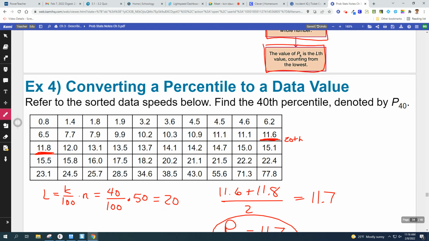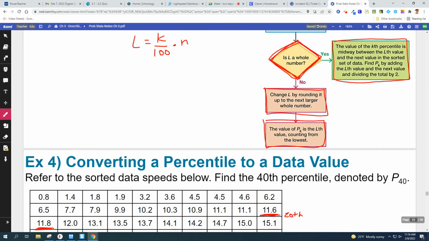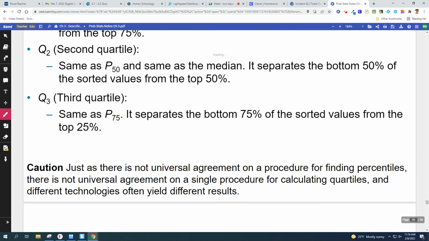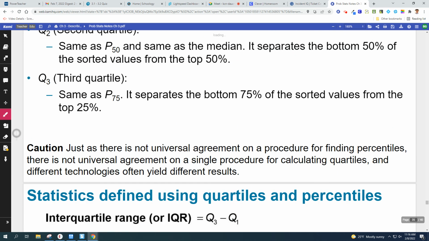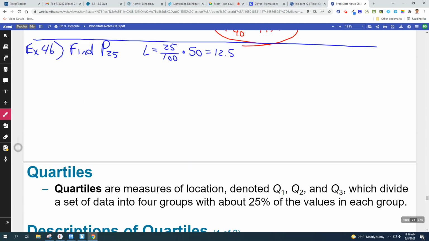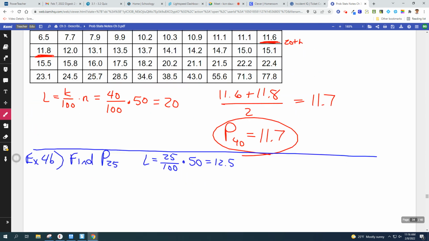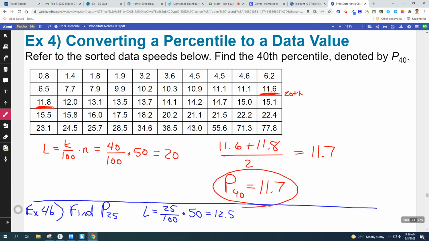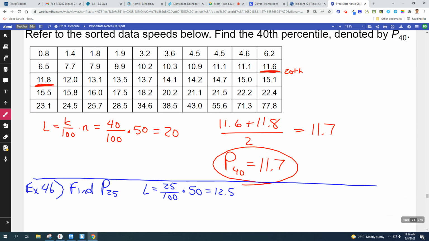So remember what it says in the flow chart. It says, is L a whole number? No. Change L by rounding it up to the next larger whole number. So that means take that 12.5 and round it up to 13.